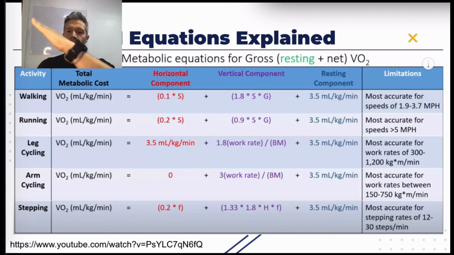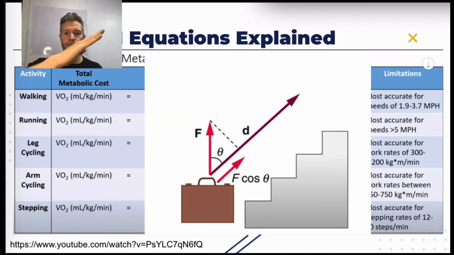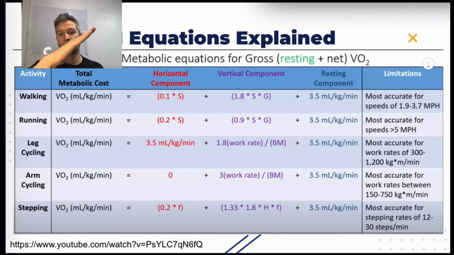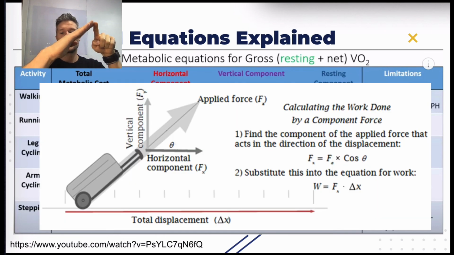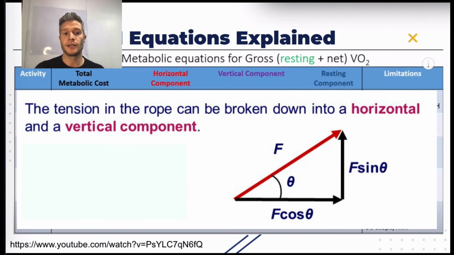But how are we going to calculate this angle? That's a hard thing to figure out. What happens when you have an angle is it gets broken down into two parts: the vertical component and the horizontal component. If you've come across Pythagoras' theorem and different math concepts to do with triangles, this would make a lot of sense, or if you've had a physics background, this will be fairly straightforward.